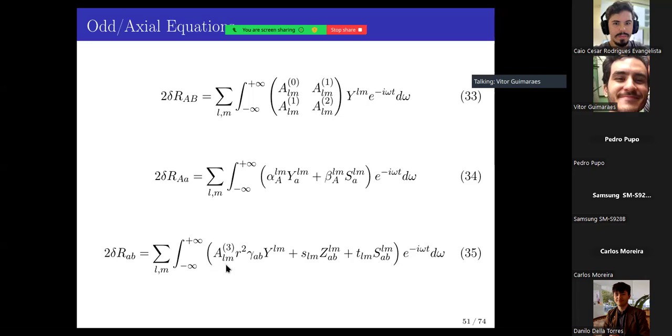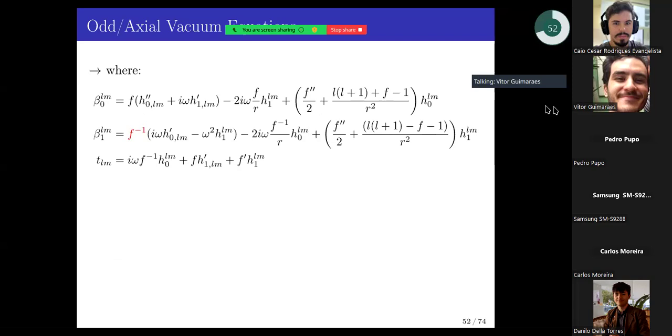This also contains even first and second derivatives of the perturbations, because they're multiplying an even basis element. This also is even, since this tensor is even. So we have two here, for A going from 0 to 1, and this T. So we have three odd equations, which basically look like this, okay?